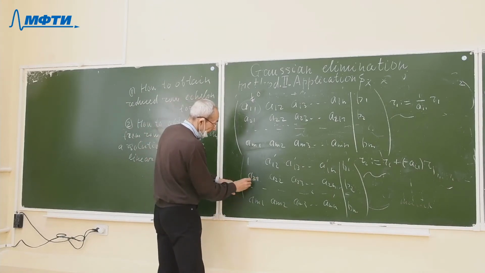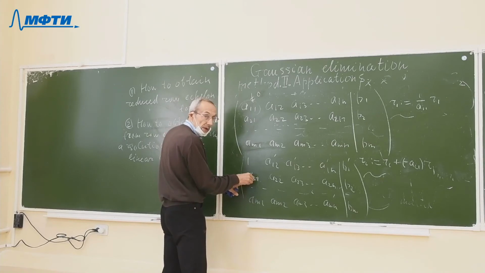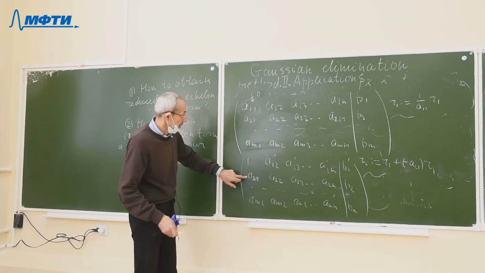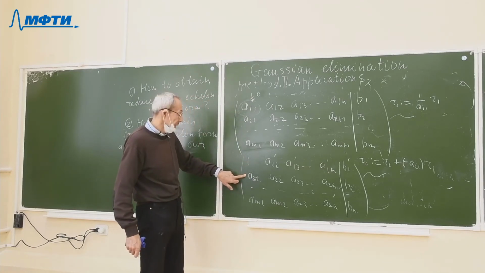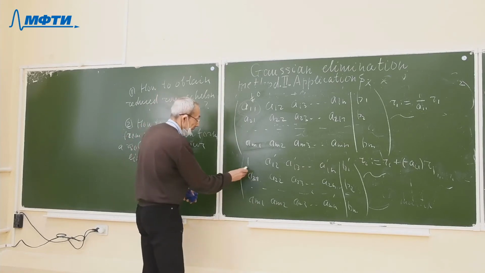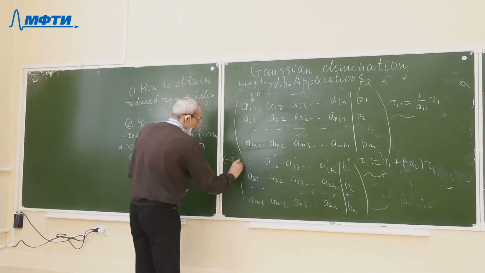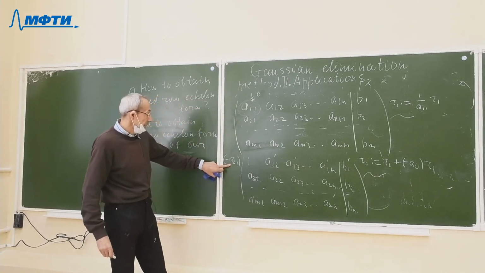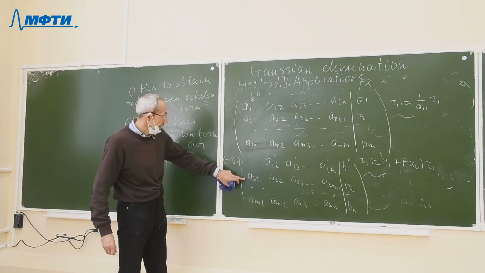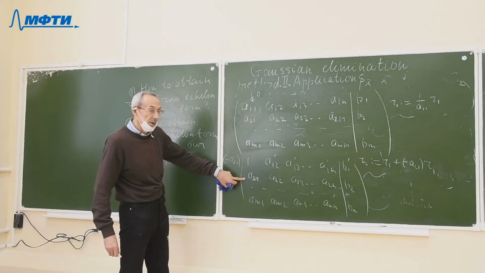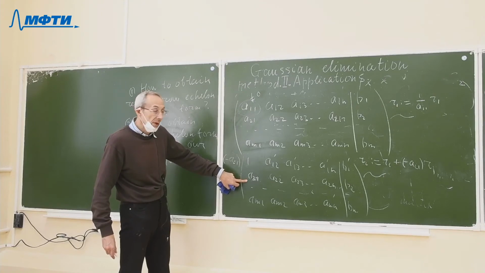We add to these rows the first row multiplied by the element opposite to this element. For example, we multiply the first row by minus a21 and add to these rows. Minus a21 plus a21 is equal to 0. And in this place, we obtain 0.